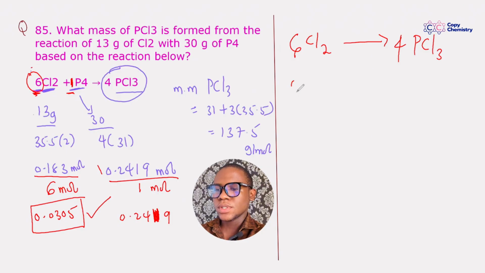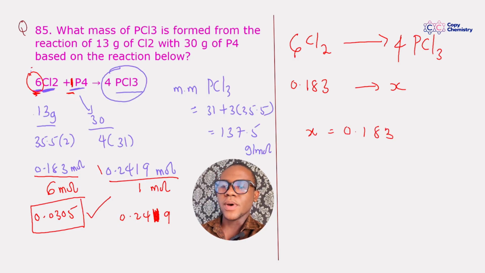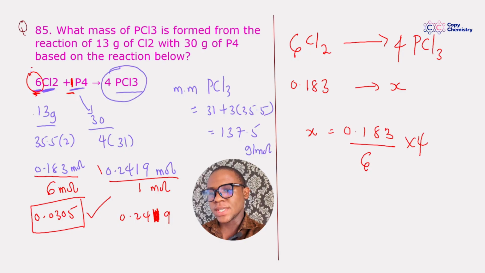Therefore, 0.183 moles, which is available, of Cl2 will then give us, let's say, X, and then we are going to have X as 0.183 divided by 6 and then times 4. Does this make sense to you? Let me know if it makes sense to you.